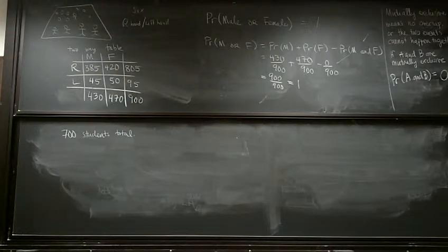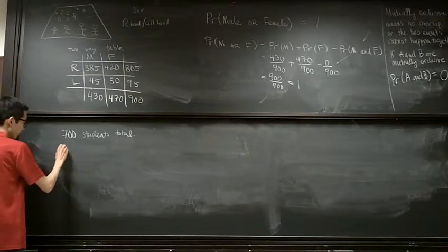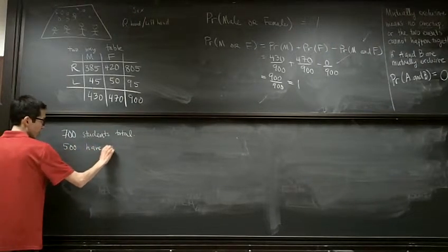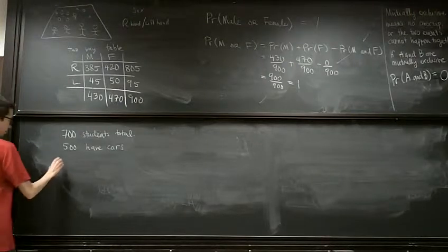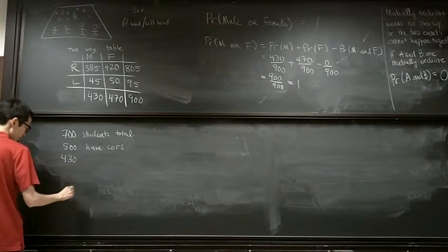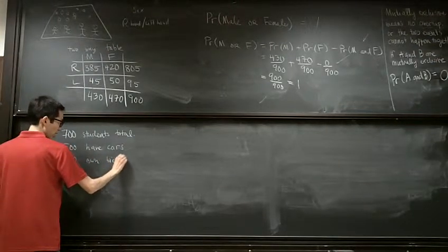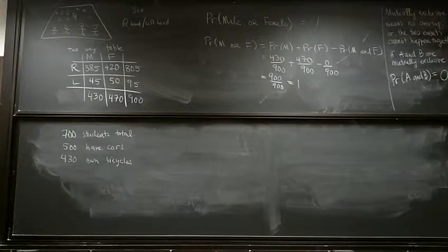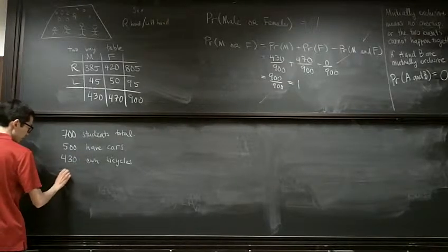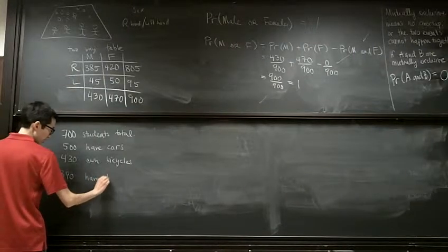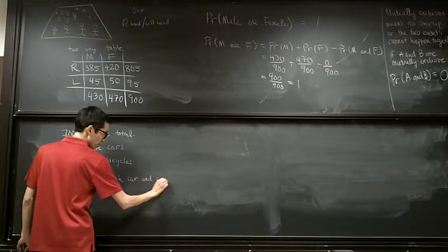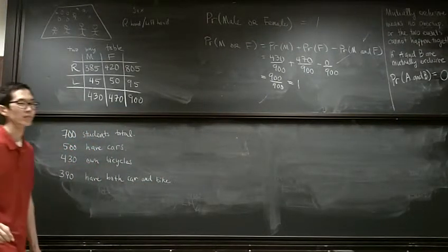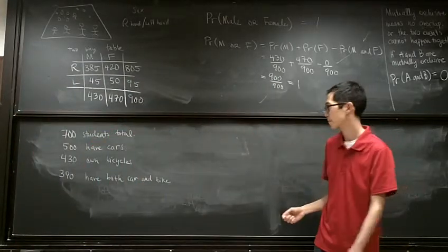We will say 500 have cars, and 430 own bicycles, and 390 have both car and bike.